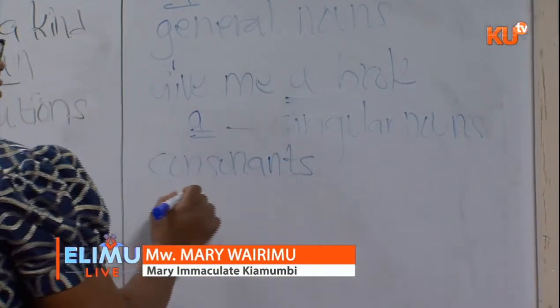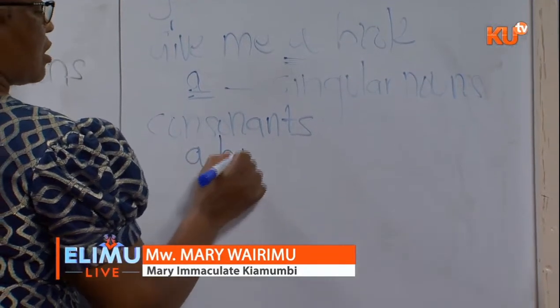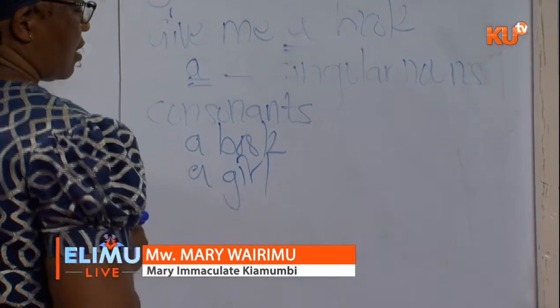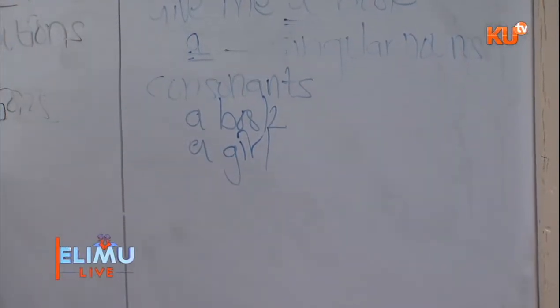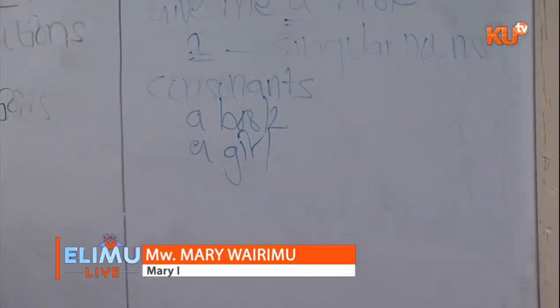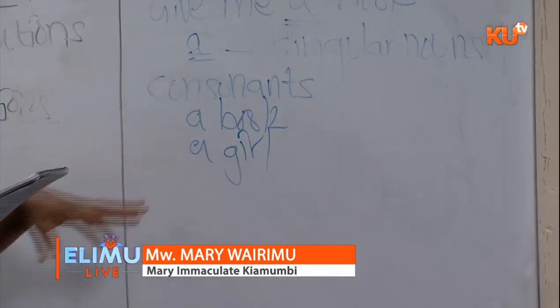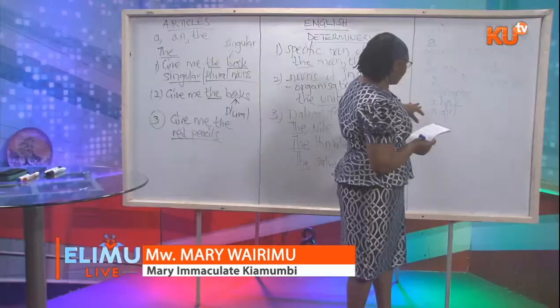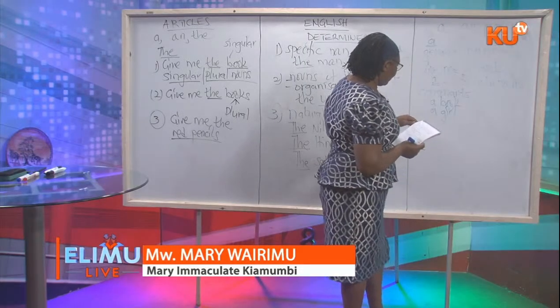So we can have a book, a girl, or even a boy. So these are words that are learned right from class 3. Even class 1, they learn this use of a.